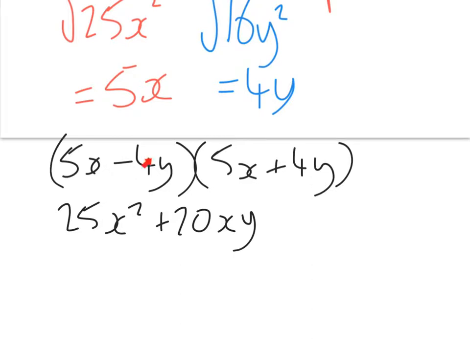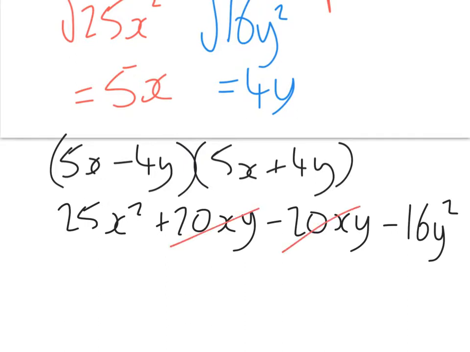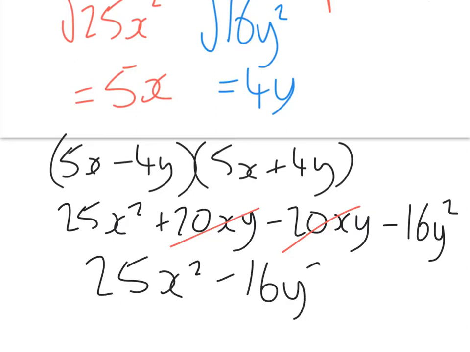And minus 4y multiplied by 5x is going to be minus 20xy, and then minus 4y multiplied by positive 4y is going to be minus 16y squared. And then 20xy and minus 20xy is going to cancel, leaving us with 25x squared minus 16y squared, which is what we started with.